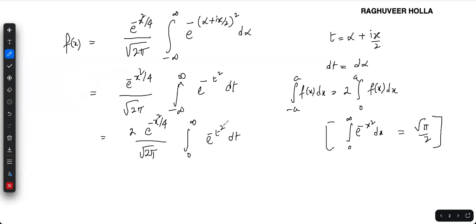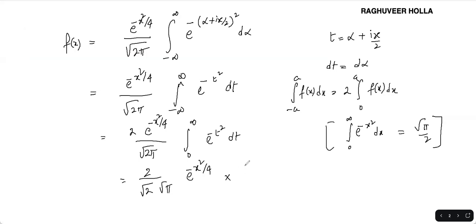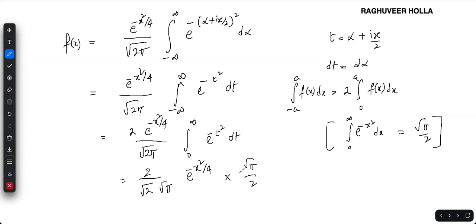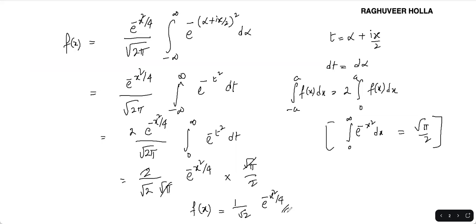So further I can write this as 2 by root 2 root pi, e to the power of minus x square by 4, times root pi by 2. So the 2s cancel. Okay, so f of x is equal to 1 by root 2 e to the power of minus x squared by 4. So this is the inverse Fourier transform.